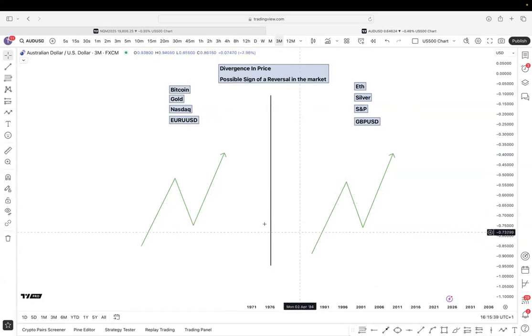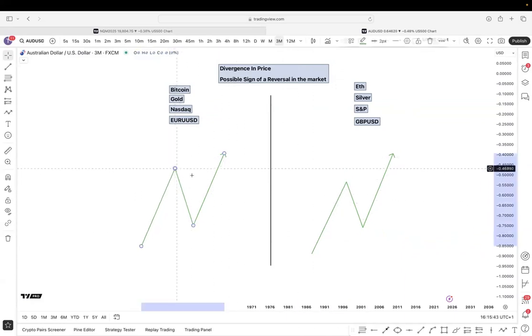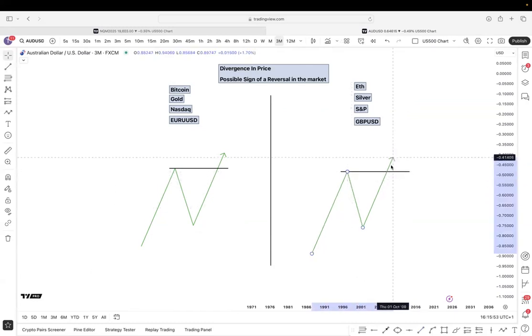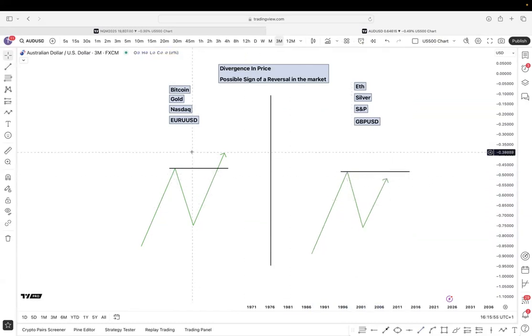Now, the way we are able to spot a reversal is by marking out a previous high or a previous low and identifying that there has been a potential move, because one of these pairs will do something like that. And when there is an unwillingness here compared to this one here, where there is a willingness, this is doing one of two things.